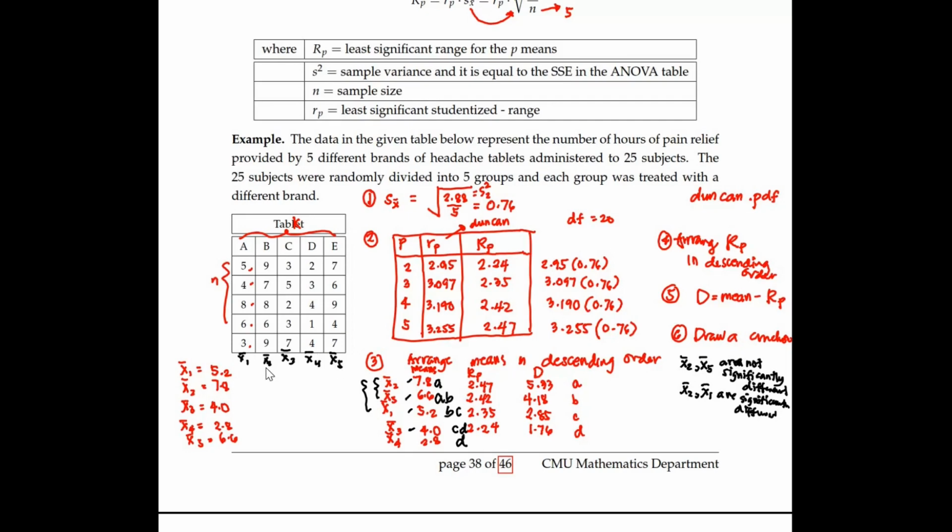So, klaro nga si x sub 2 daw, or the mu, let's call it the population mean sub 2 is greater than population mean sub 1, also with mu sub 3 and mu sub 4. Okay? Kana.